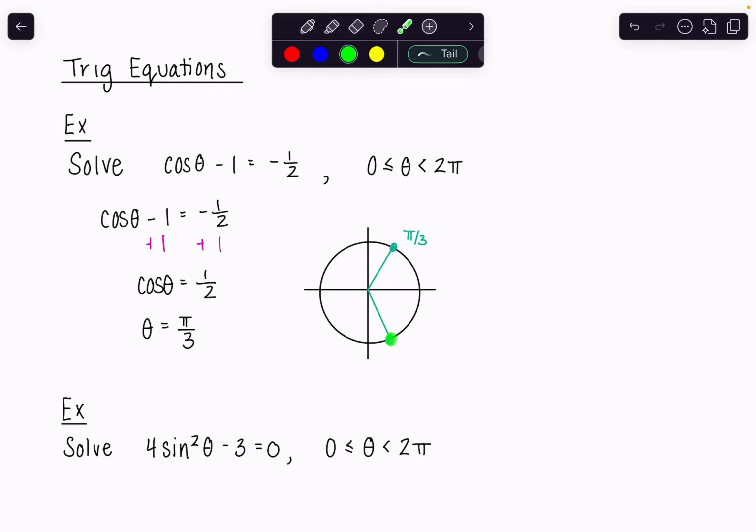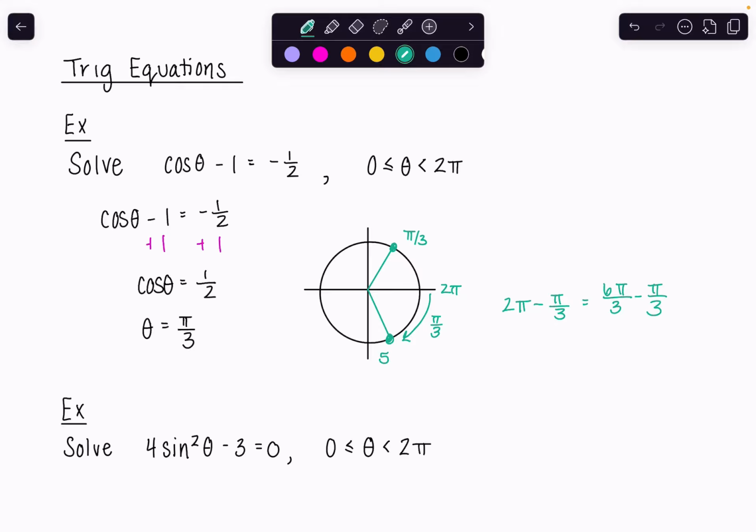But now I need this solution down here, which is going to be going around the unit circle to get to. So in this case, again, you can have your unit circle out. You have to create it on a test though. But this is going back pi over 3 from 2 pi. So that specific angle would be 2 pi minus pi over 3, which is 6 pi over 3 minus pi over 3.